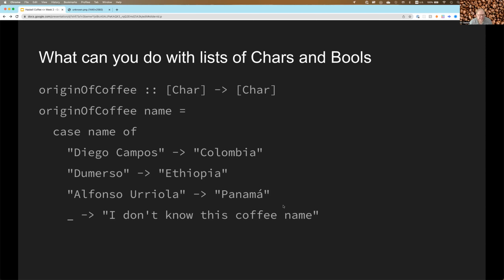It's like default, but really it is a wildcard. You might know them also as holes or other things. What they do is they say, if nothing else matches, match this. So if we enter into this function and we say Diego Campos, it should output a string that says Colombia.